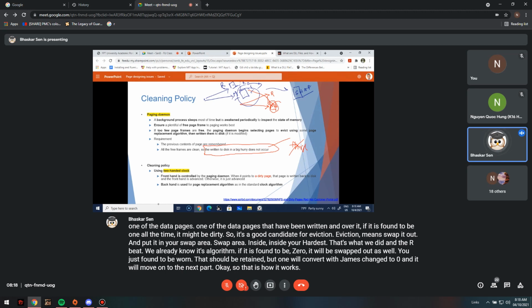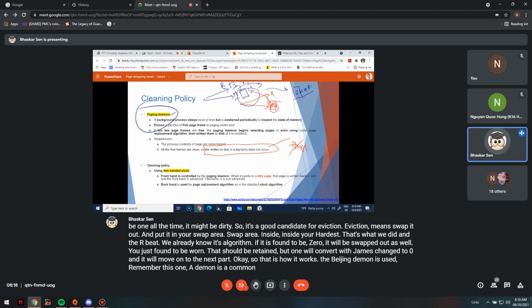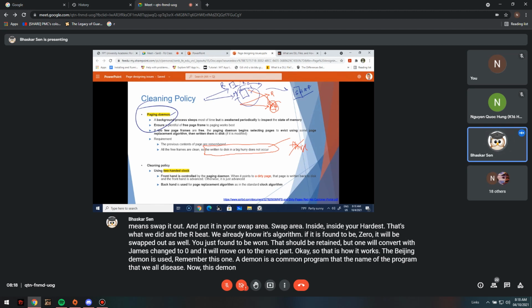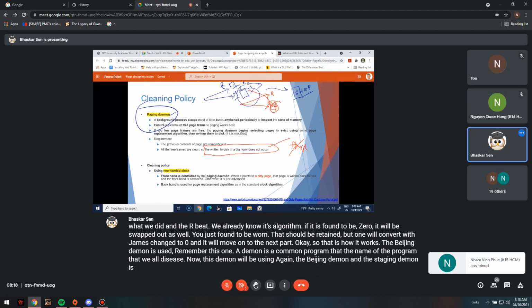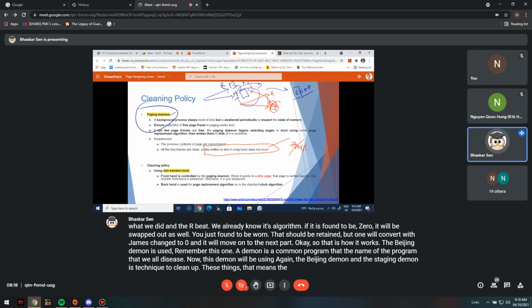The paging daemon is used. Remember this one. A daemon is a common program name that we always use. Now this paging daemon is a technique to clean up these things. That means the daemon will be sleeping most of the time.